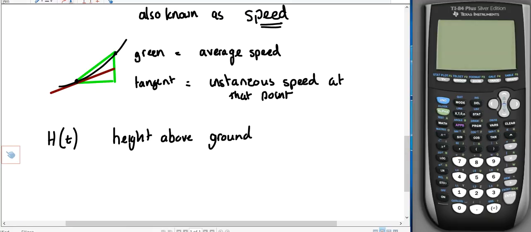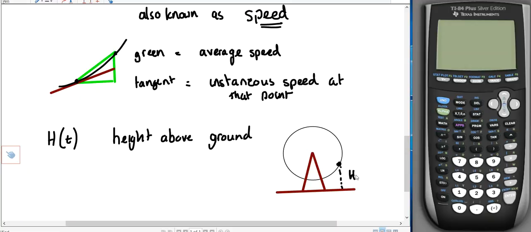But quite often what they do is they set up a problem where, do you know a Ferris wheel? Yeah? At a fairground. And what they do is they give you a function where if you're here, then the height above ground is h.